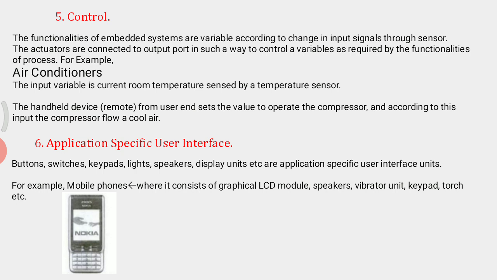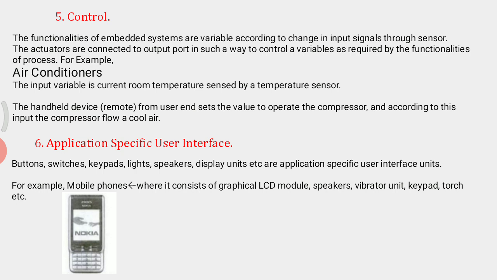So the embedded system takes the input from these sensors. The actuators are connected to the output port in such a way as to control variables as required by the functionalities of the process. Say for example, the air conditioner, AC.